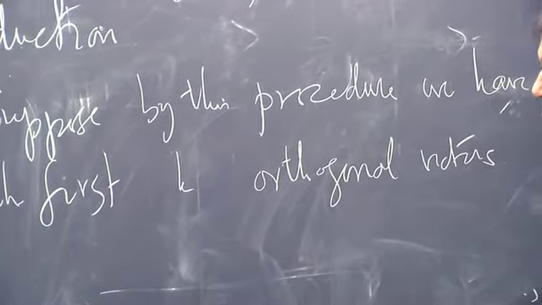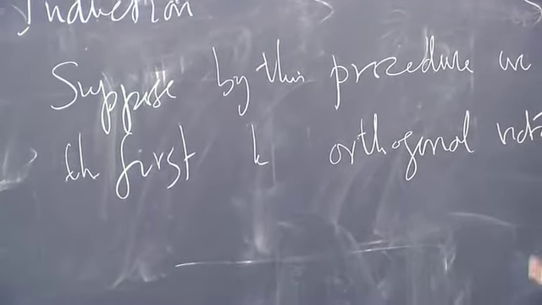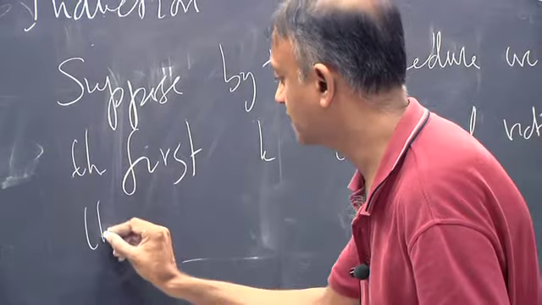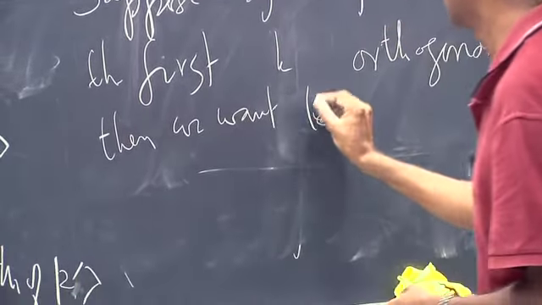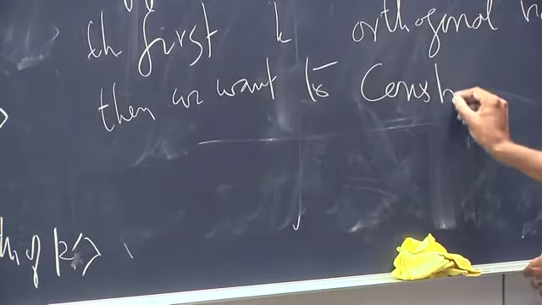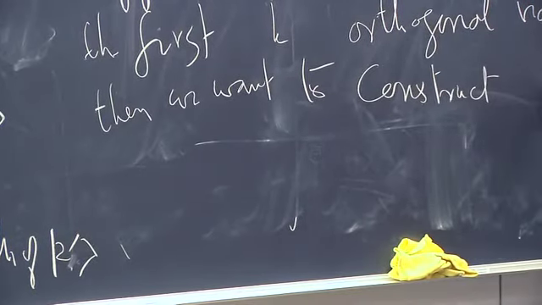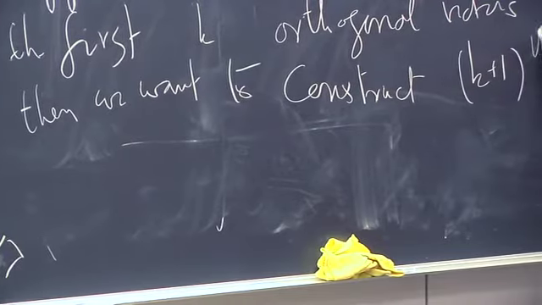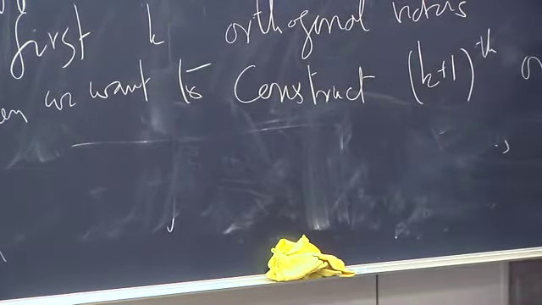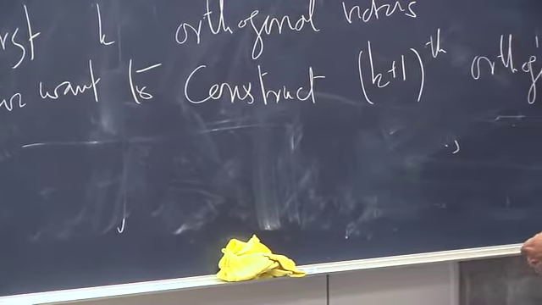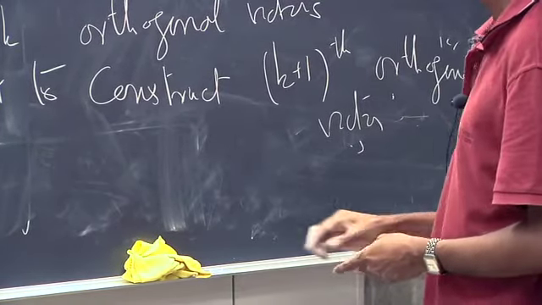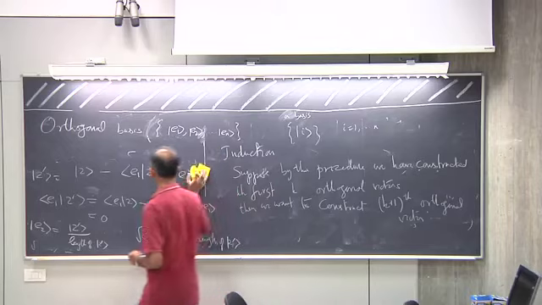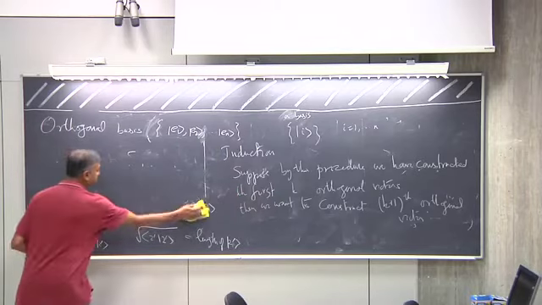Okay. Then we want to construct the k plus 1th orthogonal vector. Okay. So I'll just write down the formula and then you will see that that is indeed the case.